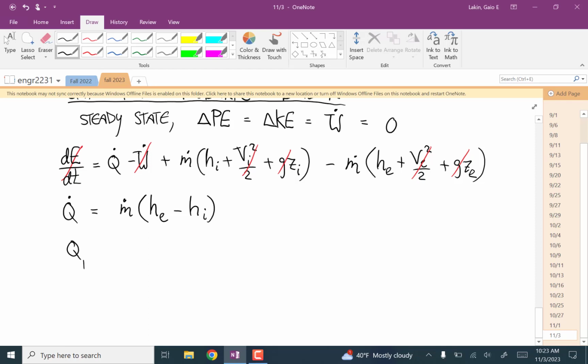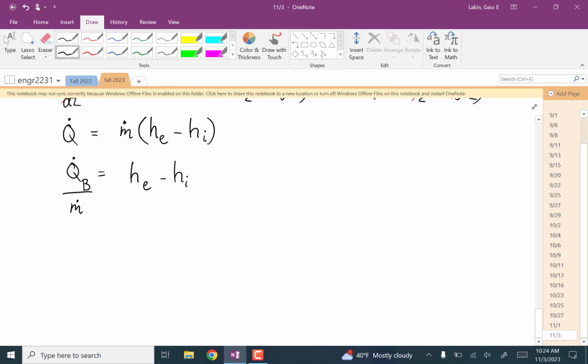So Q dot at the boiler divided by M dot is equal to HE minus HI. That is, Q dot over M dot is equal to the state at the exit, H1, minus the state at the inlet, state 4. And so there you go for your boiler.